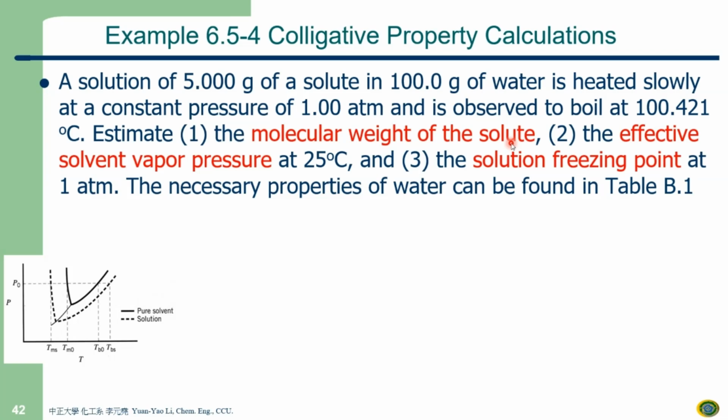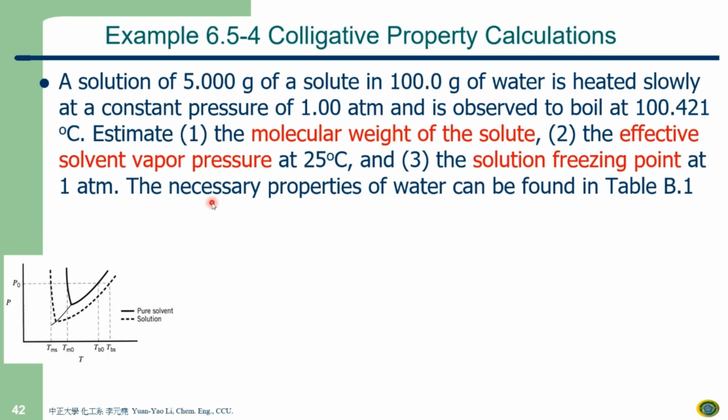Second question, the effective solvent vapor pressure at 25 Celsius. The third question is the solute freezing point at 1 atm. So once you know the X, it will be easy for you to calculate the rest of them.